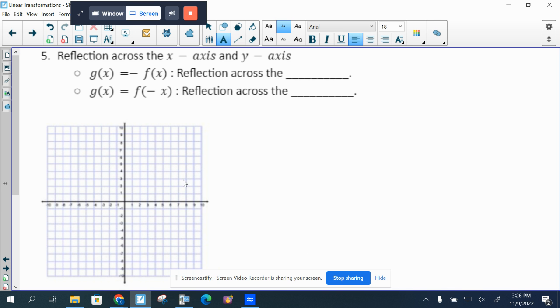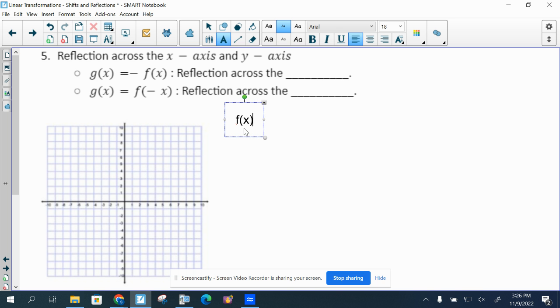All right, reflections. So what happens when I reflect my graph? So let's use the example that we did in the last one, f of x equals 2x plus 1. And let's use the first bullet point there. So g of x equals negative f of x.